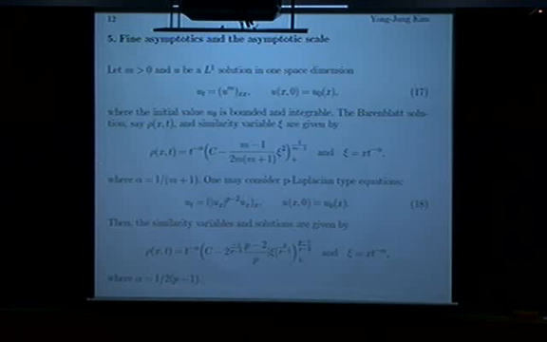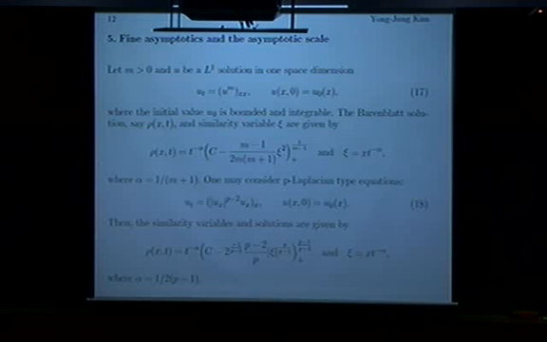If you consider the p-Laplacian equation, something like this, we also saw this kind of equation today. Then the similarity scale is this, and this one with this power gives how the solution is expanding.